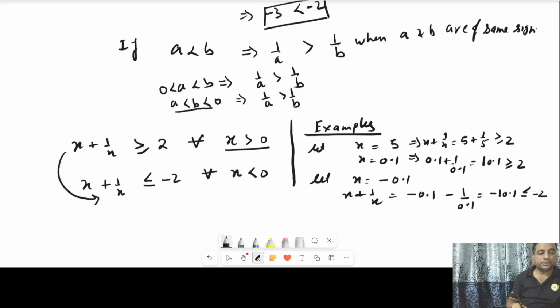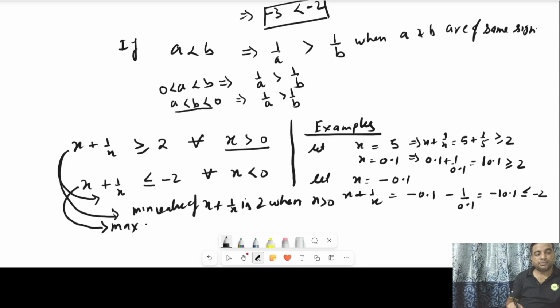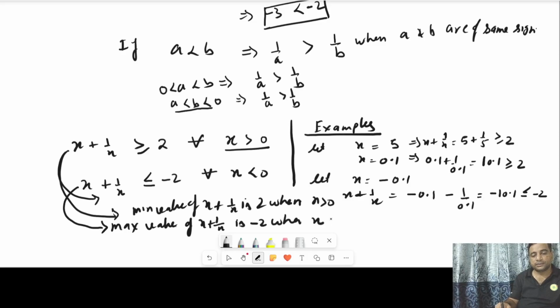This represents the minimum value of x plus 1 upon x, which is 2 when x is positive, and this represents the maximum value of x plus 1 upon x, which is minus 2 when x is negative.